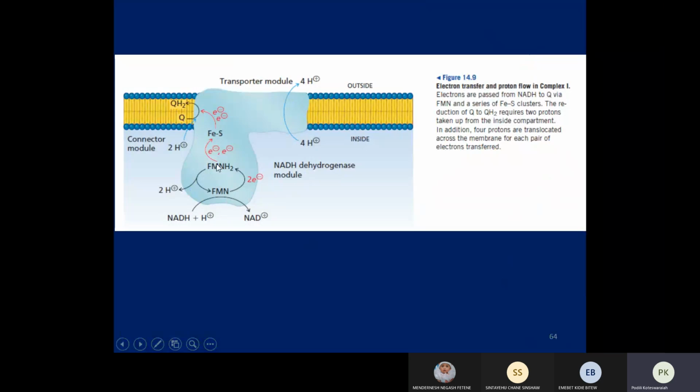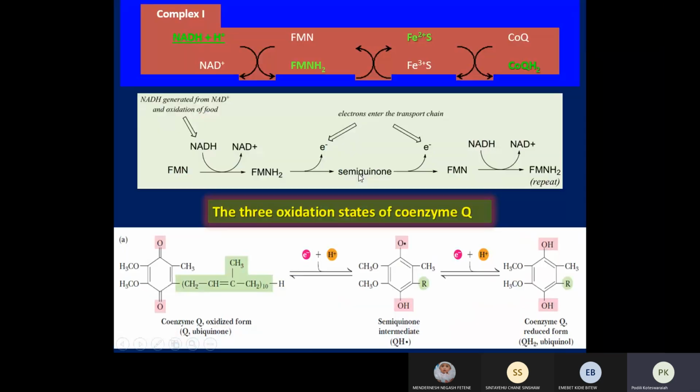So here FMN is reduced to FMNH2, and this FMNH2 transfers these electrons to coenzyme Q through the iron sulfur clusters. During this process, 4 protons are translocated from the matrix to the intermembrane space, and as I already said, the mechanism of this translocation is not very clear.